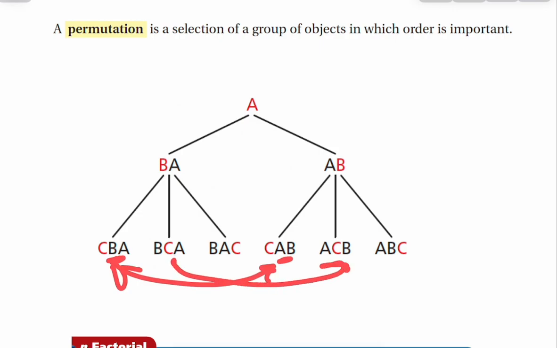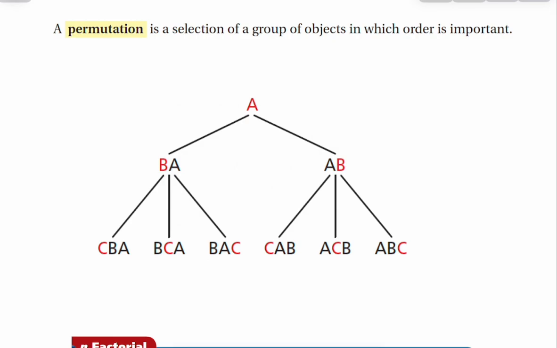Here the A and B switched around. So that is different from saying how many different lunches I can get, because a piece of pizza and some coleslaw and a punch drink is the same as a punch drink and a pizza and a coleslaw. You know what I mean? Order is not important in that. But in a permutation, we are going to have to care about the order.